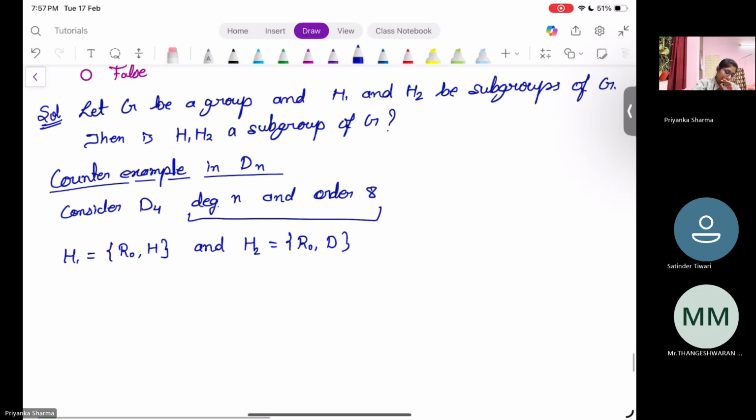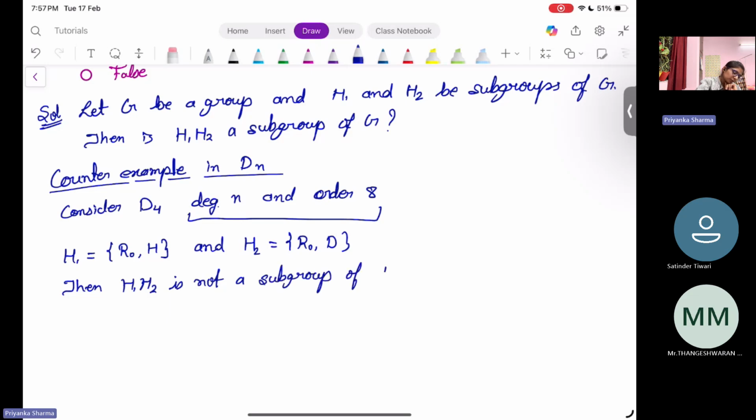So H1H2 is not actually a subgroup of D4. Can you check this? Do you know what is the meaning of H and D here? How do we define this?